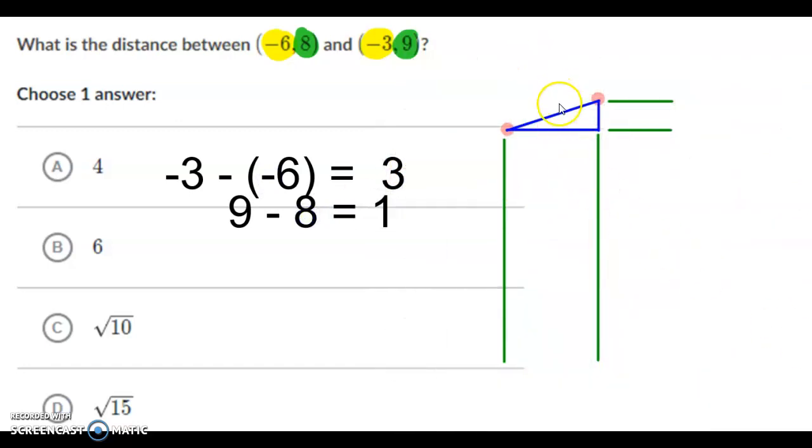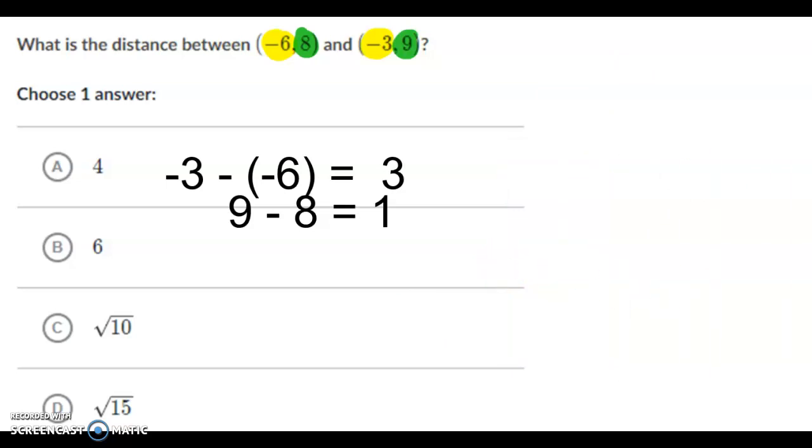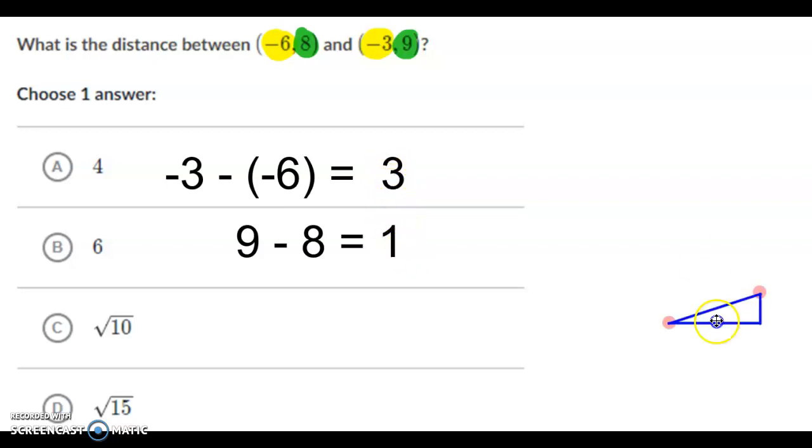I'm going to remove this picture again and remind us that even without seeing any of that, we can trust that I have found the two legs of the triangle. Now, to find the hypotenuse, I square the legs and add them.